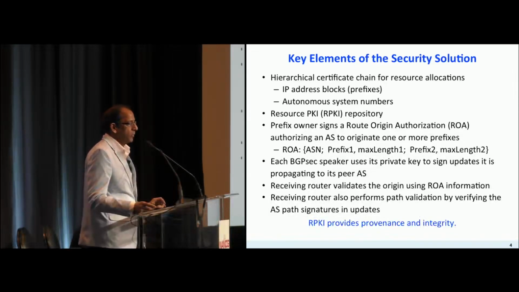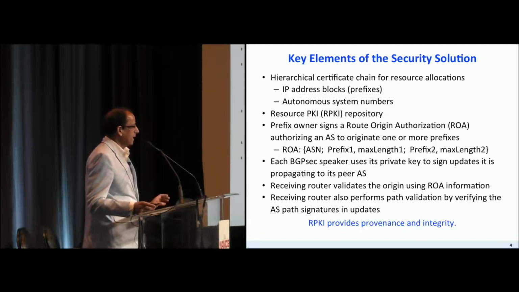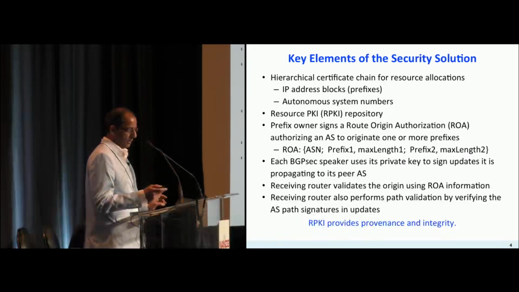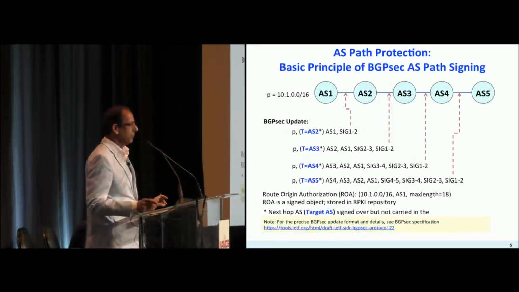The ROA authorizes an AS to propagate one or multiple prefixes. So with the help of the ROA, origin validation can be done in the routers. And I will talk about the next 3 bullets, perhaps with the help of this diagram in the next slide.